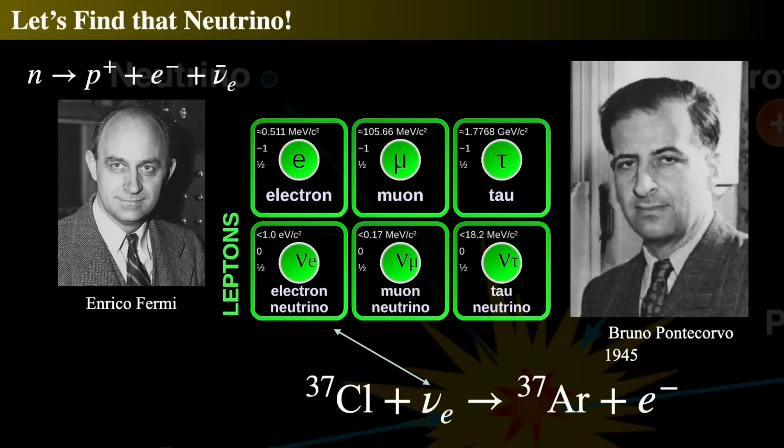In 1945, Pontecorvo noted that a neutrino striking a chlorine nucleus could transform it into an unstable argon-37 that emits an electron via beta decay with a 34-day half-life.